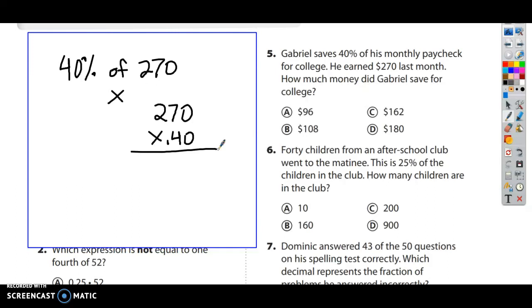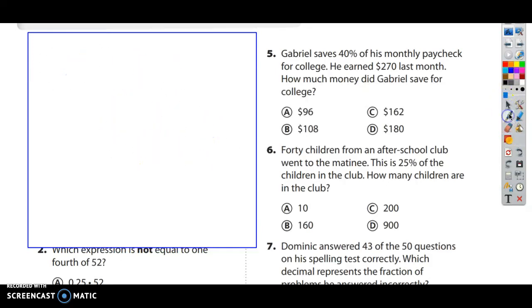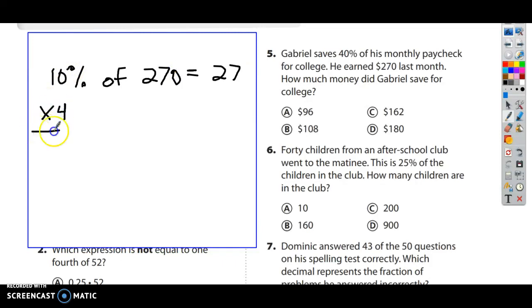So, and actually I'd really probably prefer that. The 10% method means, let me show you that way actually. This way works too, they both work. I'm going to do it this way. 10% of 270 is 27. 10% just means a tenth. And so what you do on a number like this that ends in a 0 is you just take the 0 off. If 10% of 270 is 27, now I need to multiply by 4 to get 40%.